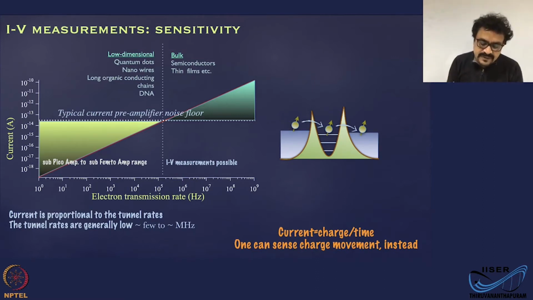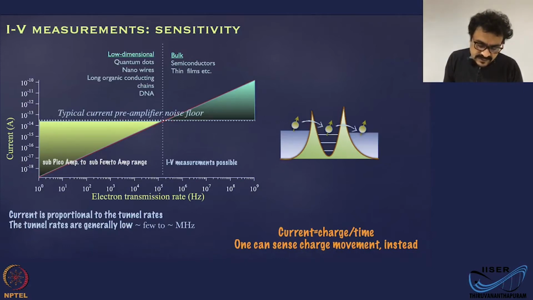Okay. So what I have here is a representative plot of electron transmission rate and the current on the y-axis, and of course it is going to be a straight line.